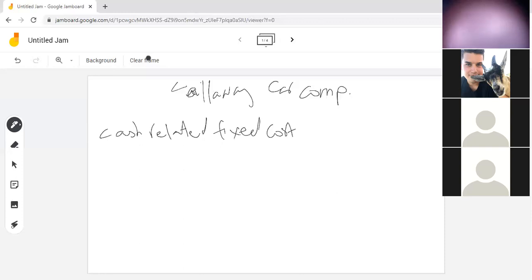Its cash related fixed costs would be 400,000 minus the amortization, right?